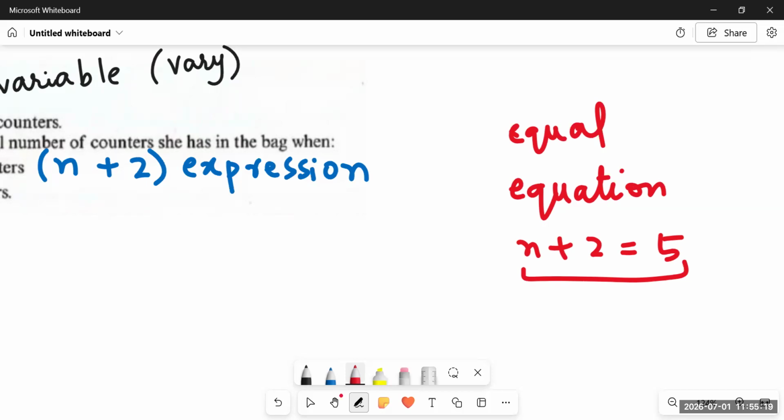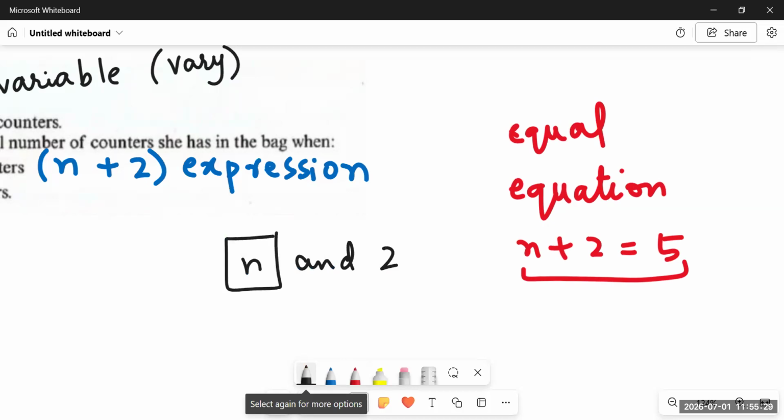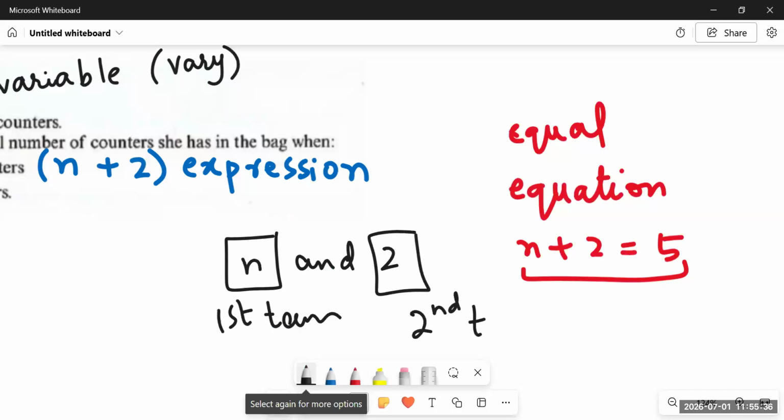Okay? And then in this expression n plus 2, there are two terms. n and 2 are two terms. This is one term, this is another term. This is the first term and this is the second term. So we have two terms in this expression. Okay. And then we have the letter n.